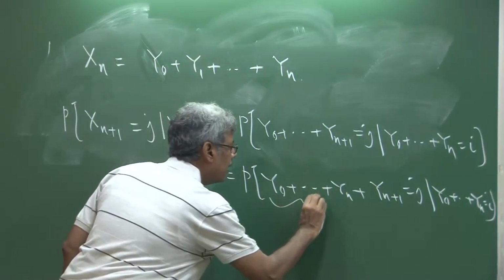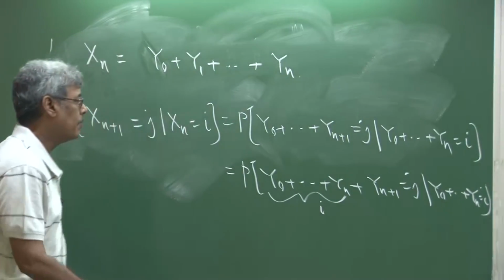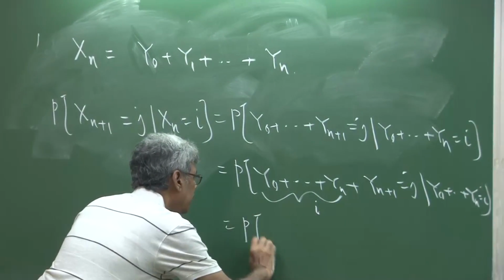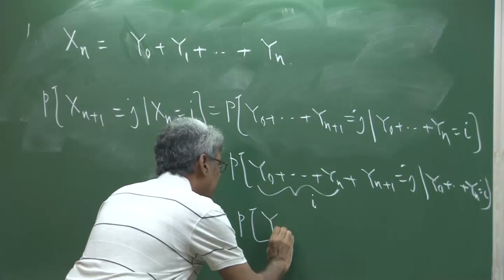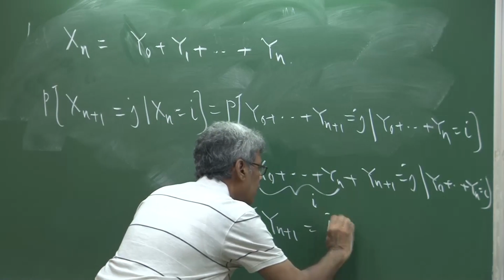So you can see that this quantity becomes equal to i, which is the same as probability Yn plus 1 is equal to j minus i.